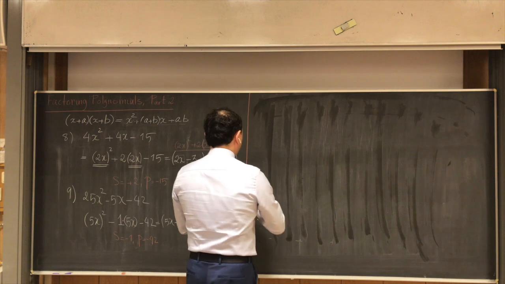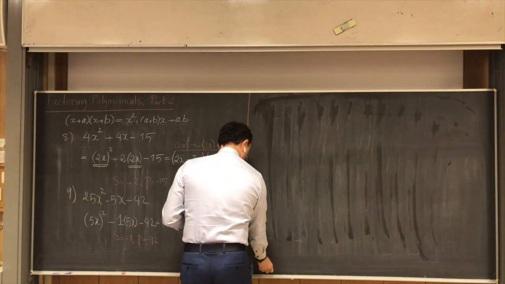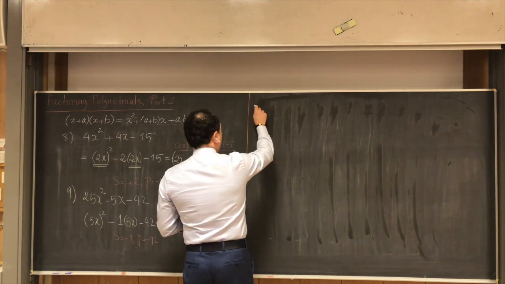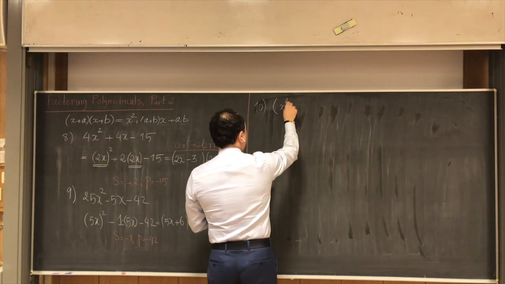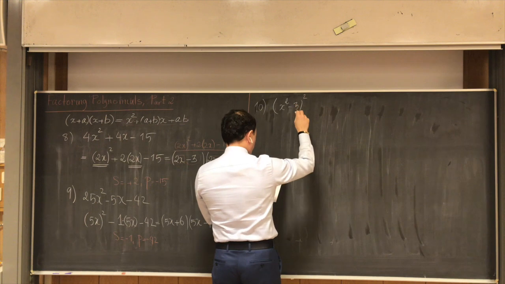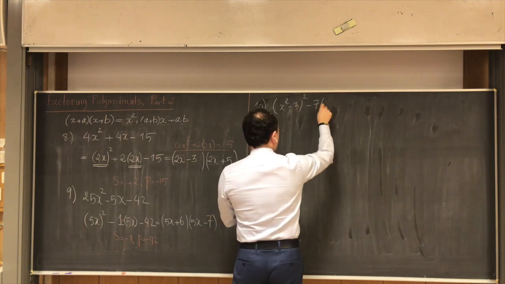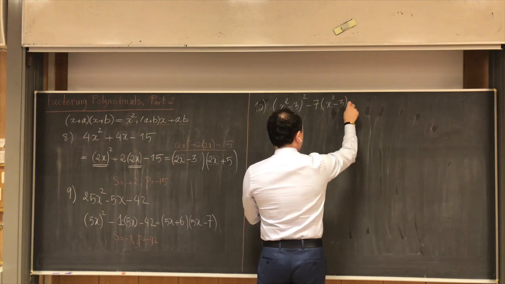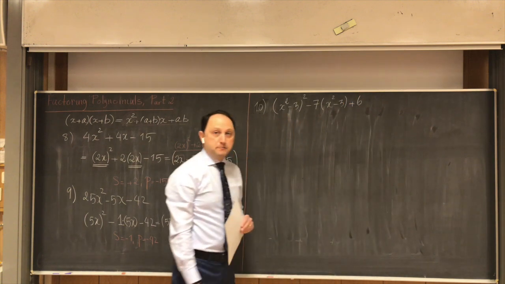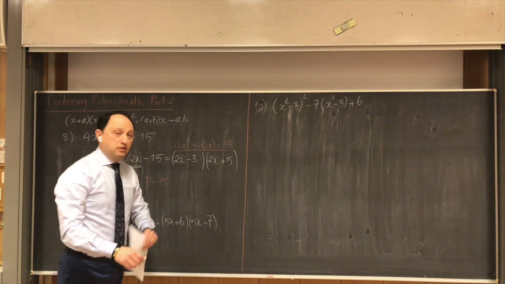So for example, number 10, I have (x squared minus 3) squared, and then I have minus 7 times (x squared minus 3), plus 6. Yes. I want to factorize this polynomial.